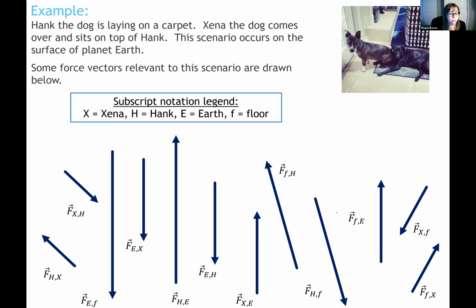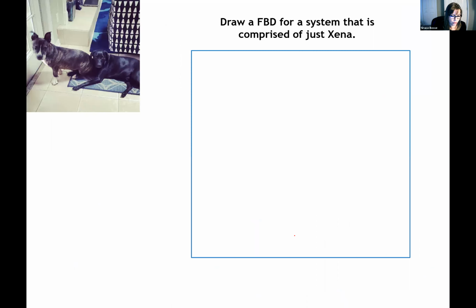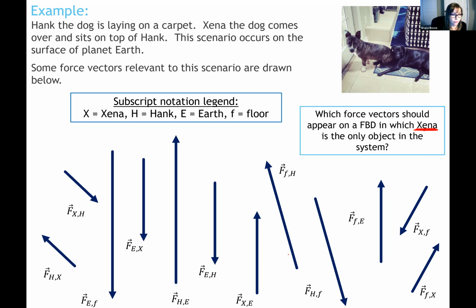Now, based on all of these vectors, let's actually define our system and draw a free body diagram for a particular system that we've chosen. So let's say right now that we're going to draw a free body diagram where our system is Xena, okay? So if you look at all of these forces, we want to identify the forces where it's something exerting a force on Xena. So these subscripts tell us which of these forces should be included on this free body diagram.